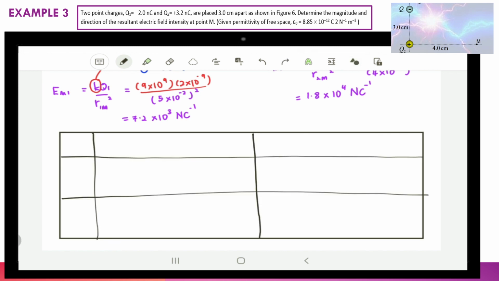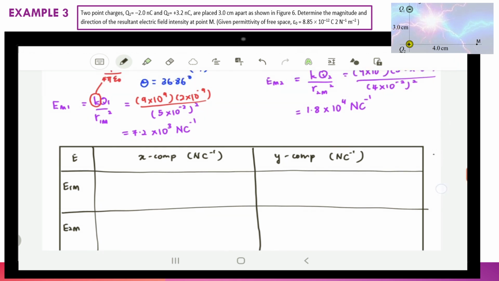Okay, here we have x component, NC negative 1, and this is the y component. So this is E1M and this is E2M. Refer to the direction of the electric field on point M just now.